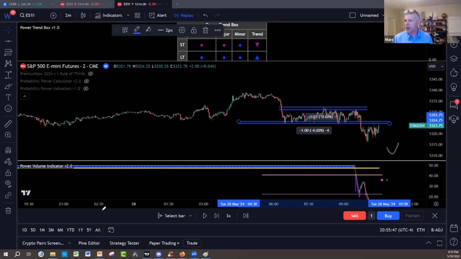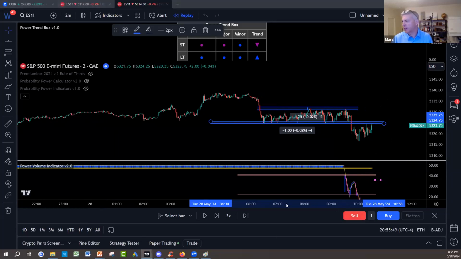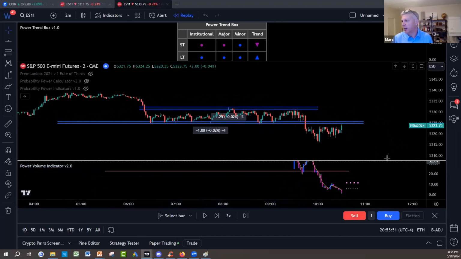You don't know. And this is where our tool comes in, because you look at the power indicator and it's clearly showing you right there at the moment of indecision. Look, just the power indicator alone is a fantastic, amazing edge tool that has really changed my life.